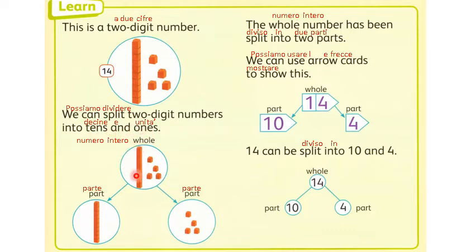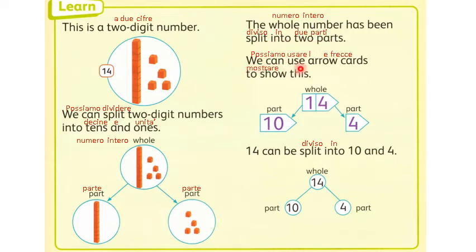Here we have our whole number, which is 14. We can split it into one part with the tens, and we have 1 ten here, and another part with the ones, and we have 4 ones. The whole number has been split into 2 parts.